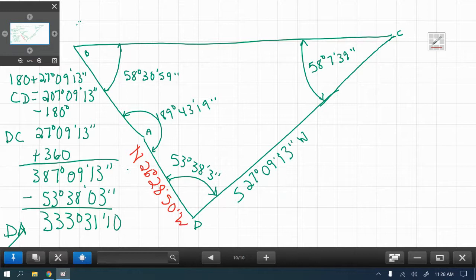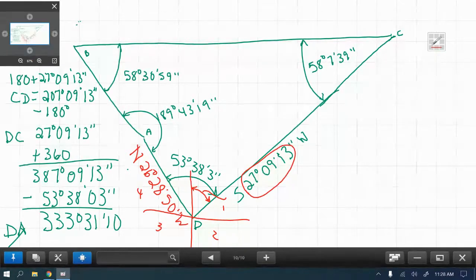Do you want me to show you the real easy way to have solved it? I'm going to draw north, south, east, west. What quadrant is this green line in? The 270913. 1. So that means you know that angle right here. If it's in quadrant 1 or 4, the bearing is the angle it makes from the north.